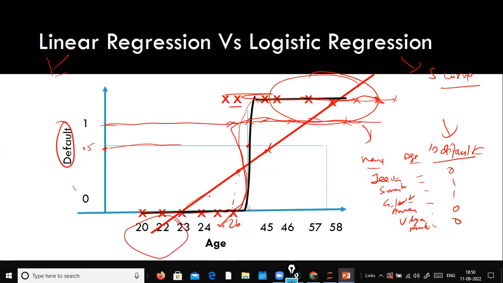But in the case of linear regression, it can predict values above 1 and below 0 also. The values can be predicted anywhere between minus infinity and plus infinity. This is another issue with linear regression. That is when we use logistic regression, because it is an S curve and the values are bounded between 0 and 1.